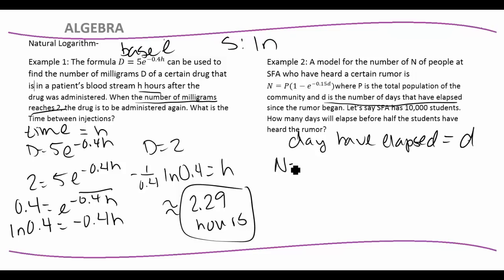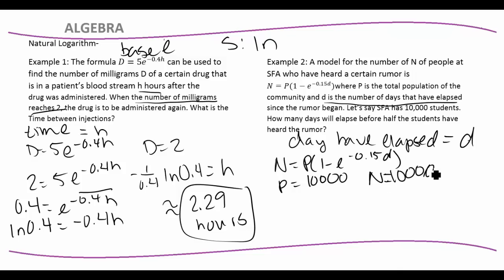We know the formula is n equals p times 1 minus e to the negative 0.15d, and we know that p is 10,000 and n is half of 10,000, which is 5,000. Now we plug these into our formula. We get 5,000 equals 10,000 times 1 minus e to the negative 0.15d.